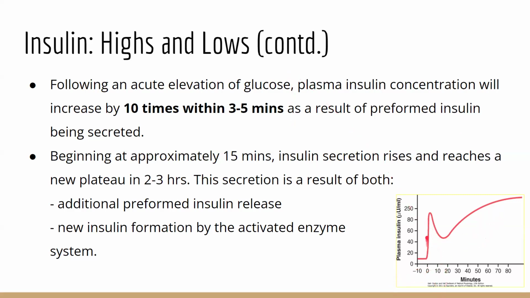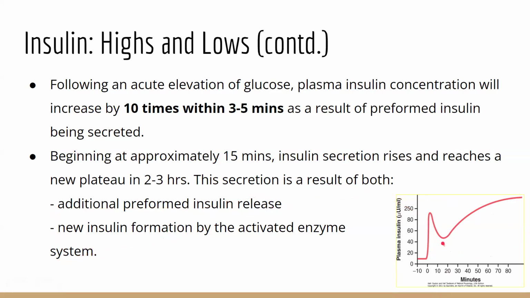So this is the first rise. This is because preformed insulin, all the insulin that was already within the beta cells waiting to be excreted, was released. That's why your plasma insulin levels go up high all the way here. After that, it drops because you're out of insulin for now. You're still going to secrete more insulin, but you need to form new insulin, which is the second point here.